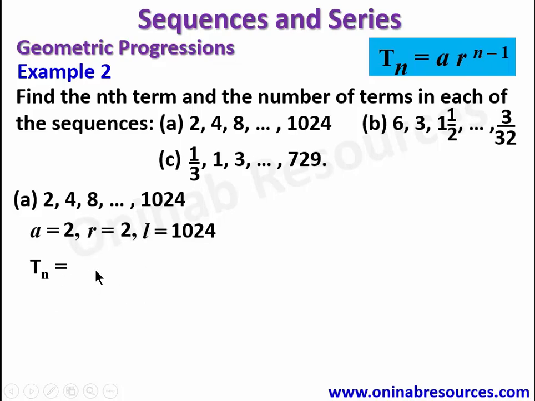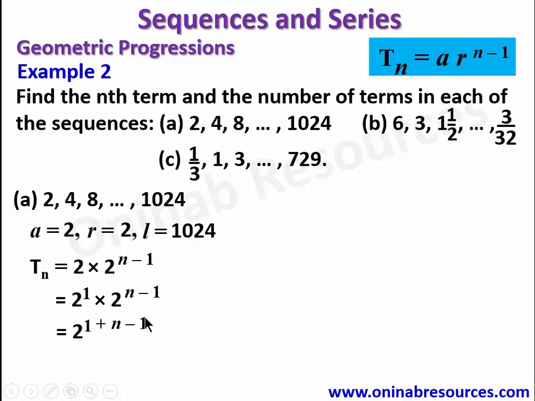So we have it as 2 times 2 raised to power n minus 1. We can write 2 as index form of 2. That will give us 2 raised to power 1 times 2 raised to power n minus 1. Simplifying this, following the appropriate law of indices, we have 2 raised to power 1 plus n minus 1.